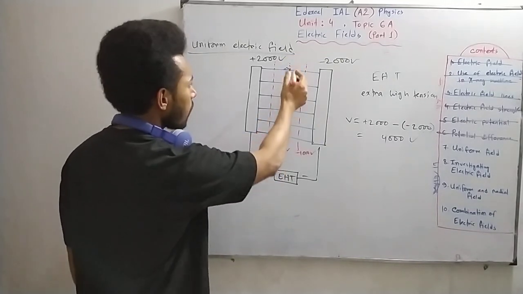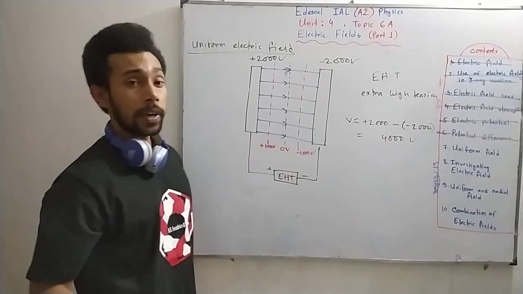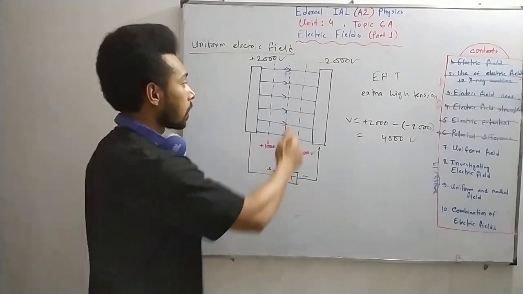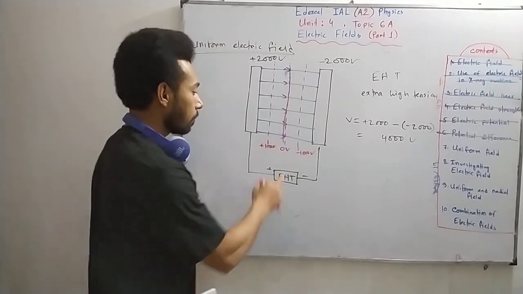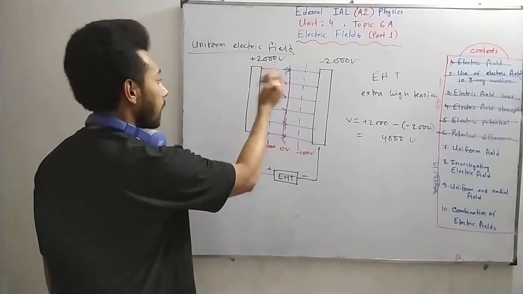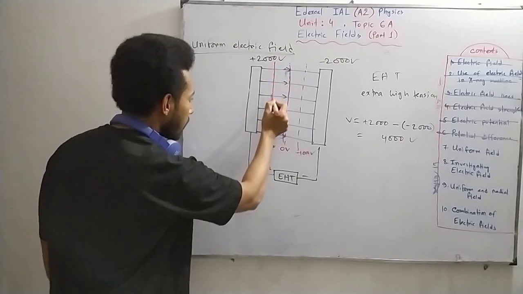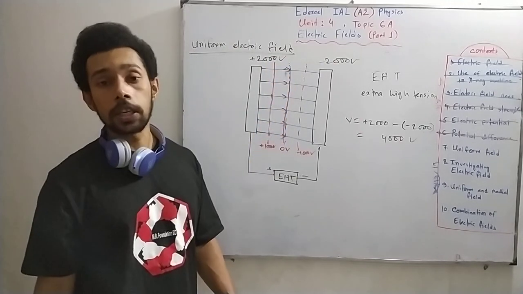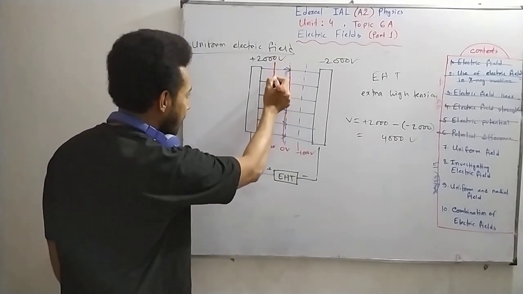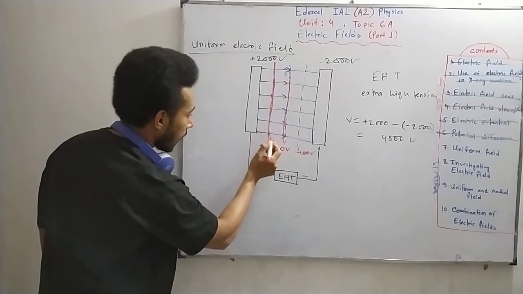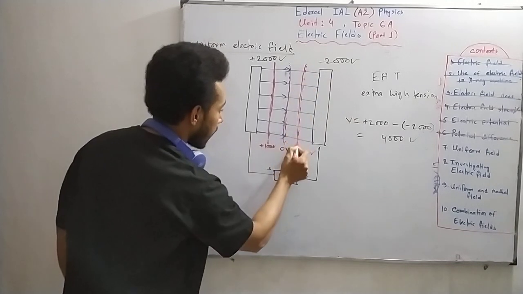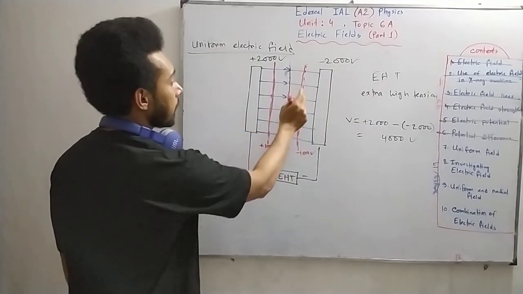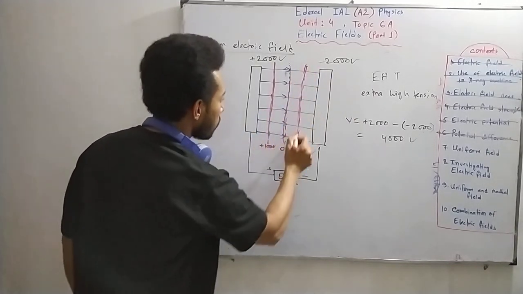If you move along this line, you will find no potential difference because all these locations are at the same potential, that is 0 volt, and if you move along these lines, you will find no potential difference because all these points are at the same potential, that is plus 1000 volt, and this line minus 1000 volt. These lines are called equipotential.